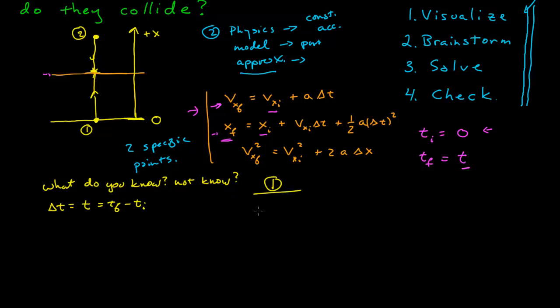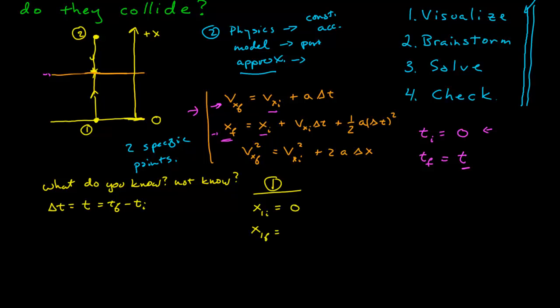Okay, so for the first particle, I want to establish relationships. Let's determine what its initial position is. I have x sub 1i, the initial position of particle 1. From my coordinate system, I can see that that's 0. I'm also interested in the final position of particle 1. I'll call that x sub 1f, and that's at the point where they collide.